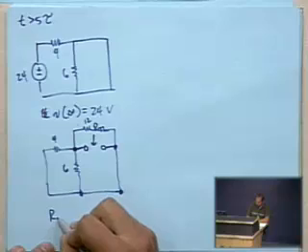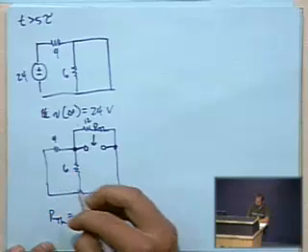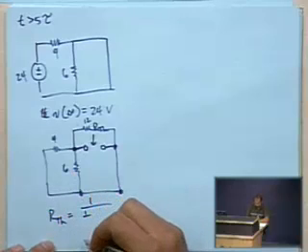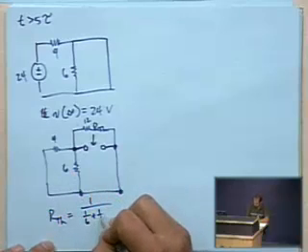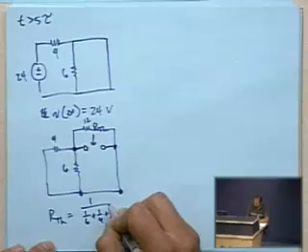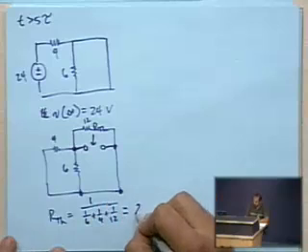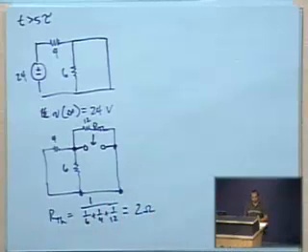So the equivalent Thevenin resistance is 1 over 6 plus 1 over 4 plus 1 over 12, and cheating, that's 2. Again, that's not quite everything that we need to do with the Thevenin resistance.